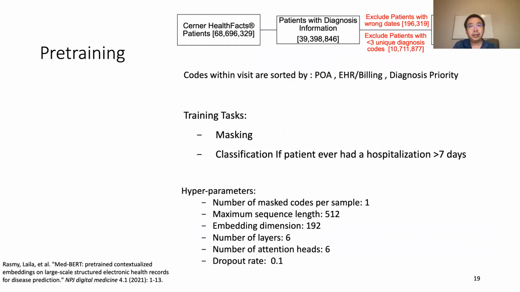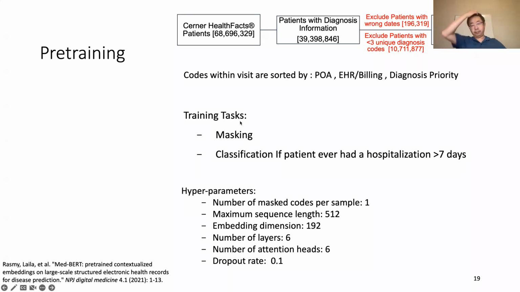For pre-training, we use the Cerner Health Facts data, like I mentioned. After cleaning, removing some errors and patients with very little sequential information, we end up with 28 million patients. We inject some order in the data by including the diagnosis priorities, like EHR billing and so on.